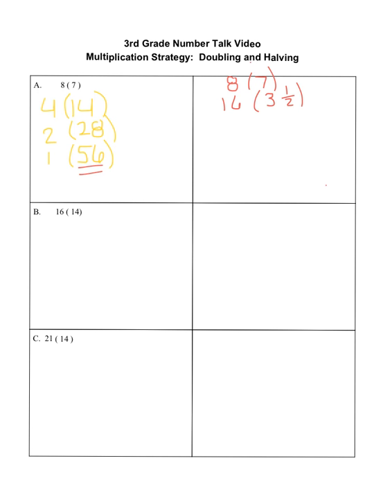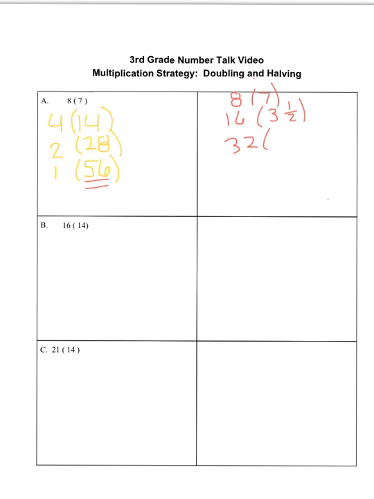Or we could double 16, 32. Half of 3.5 would be 1 3/4. So 32 times 1 3/4, 16 times 3.5, 8 times 7 are all the same solution. Or we could do 64 times 7/8. So all of those we know to be 56.